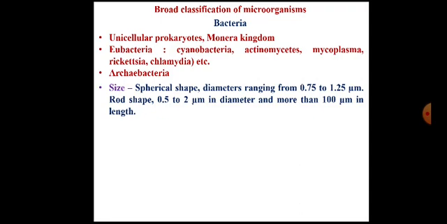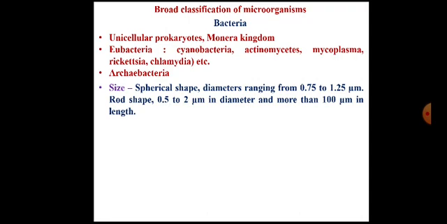The first characteristic of bacteria is size. Bacteria exist in various sizes and various shapes. Their size is measured in terms of micrometers. So, in general, the spherical bacterium measures in diameter ranging from 0.75 to 125 micrometers.